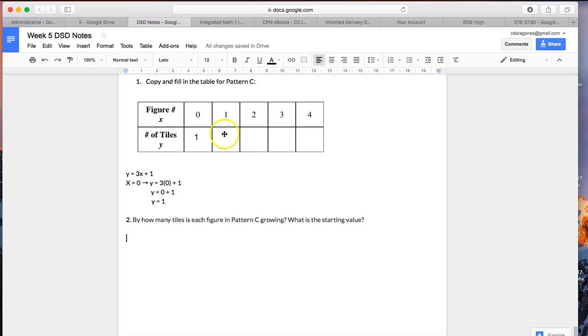But then your job is to figure out how much the number of tiles is growing by after you fill out your data table. So use your data table, figure out your starting value and your growth, and write it down in your notebook. Pause the video while you do that, and then when you're finished, you can go ahead and keep the video going.